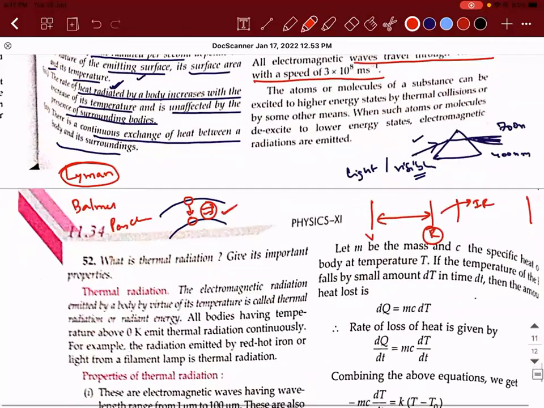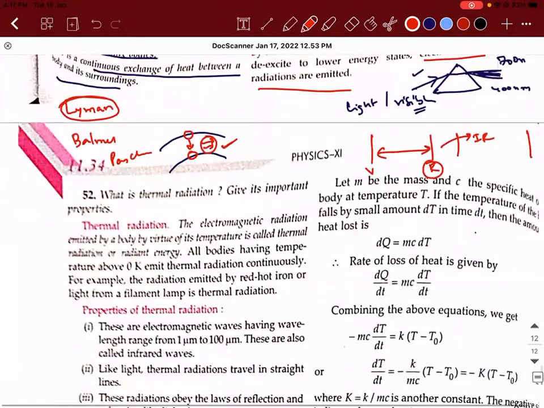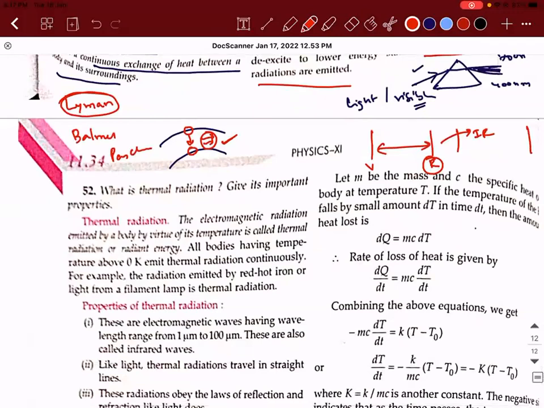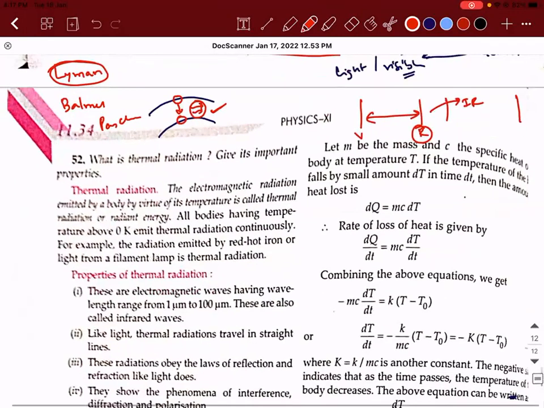So generally, how are these waves produced? The atoms or molecules of a substance can be excited to a higher energy state by thermal collisions or by some other means. When such atoms or molecules de-excite, meaning when an electron jumps from a higher orbit to a lower orbit, then electromagnetic radiations are emitted. Now, we will try to understand what thermal radiation means.